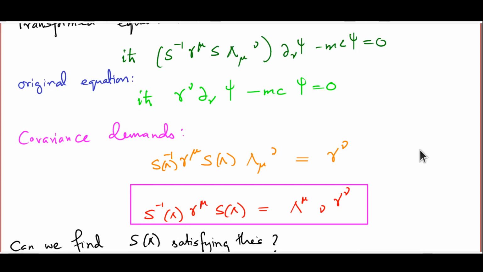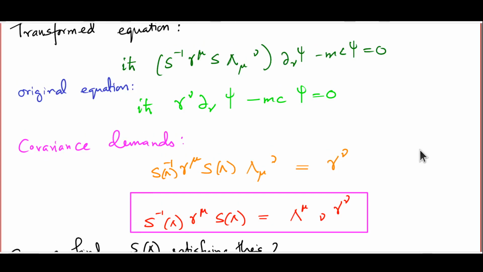So in a way, this particular kind of transformation is of course a similarity transformation induced on the gamma mu's, each one of them, and the right hand side seems to imply that the gammas actually combine the same way vector components do.